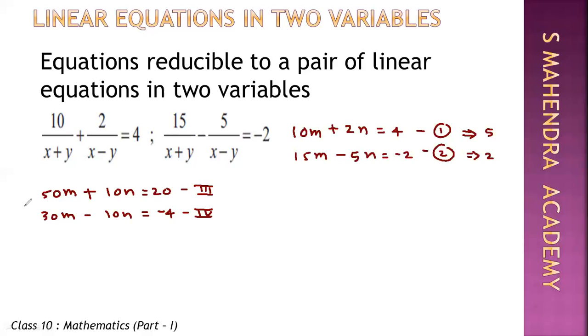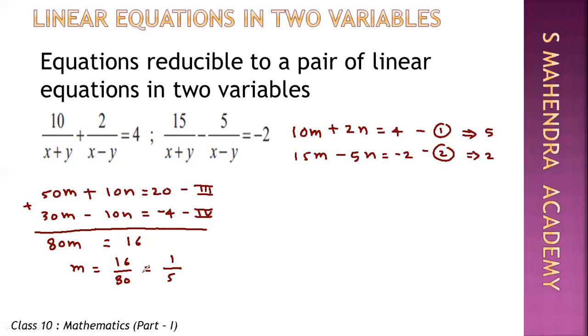So after adding equation number 3 and 4, we will get the result as 50 plus 30 will be 80m, 10n minus 10n will be 0, and 20 minus 4 will be 16. So the value of m will be 16 upon 80, that is 1 upon 5.